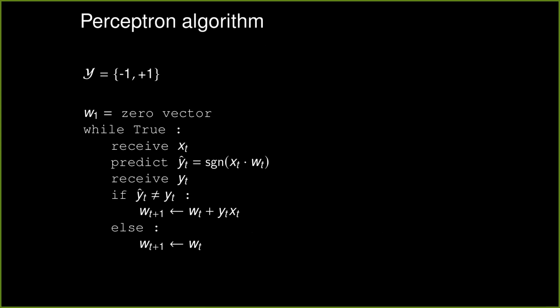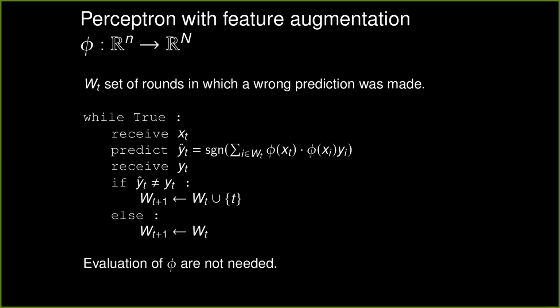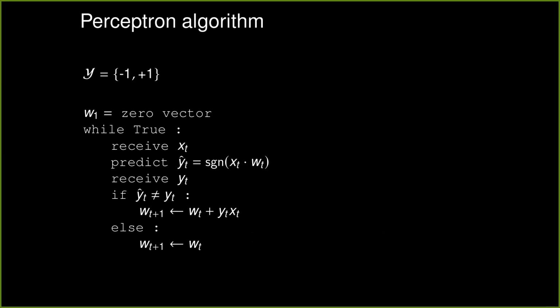So let us recall the Perceptron algorithm. And we see that we can rewrite it so that we depend on the feature vectors only by dot products. That's the main insight. At any point, this WT will be a sum like x1 minus x5 plus x6 and so on.